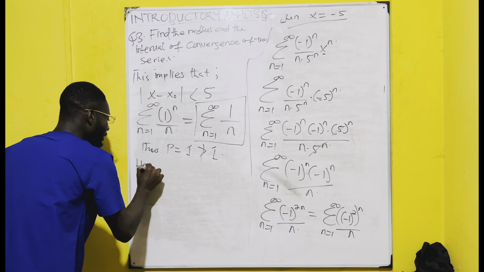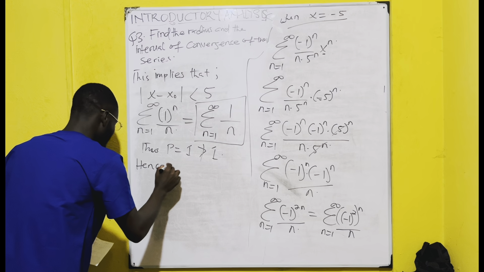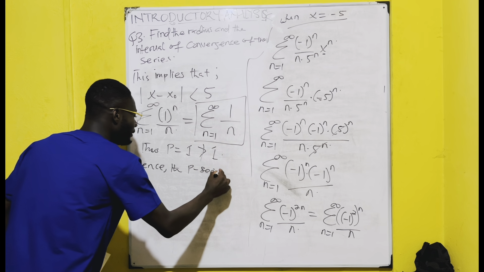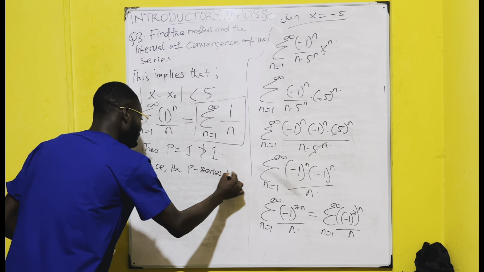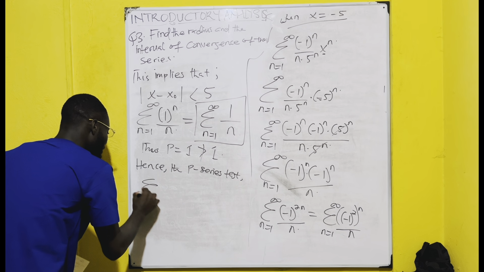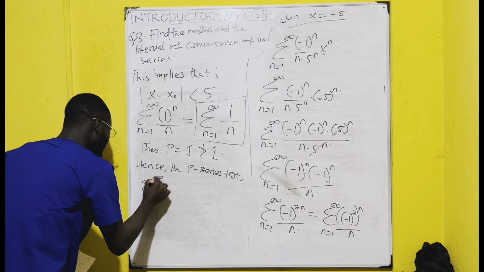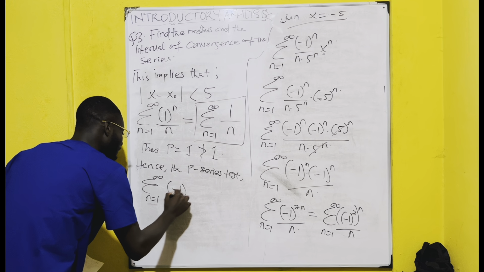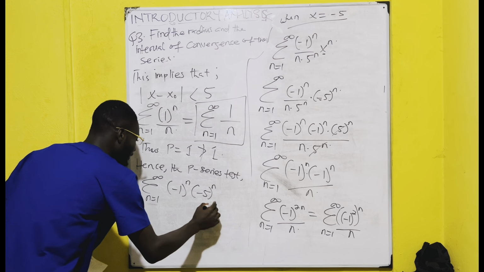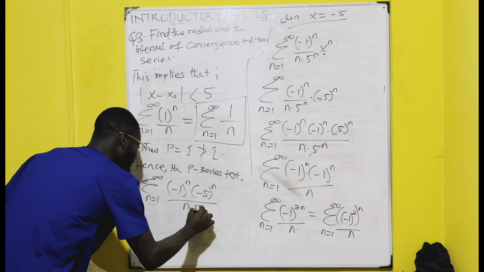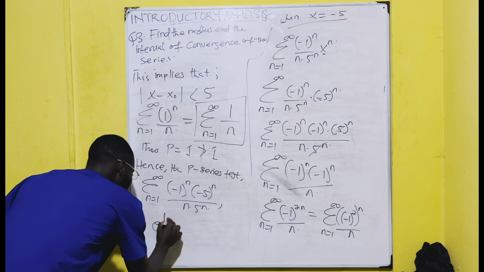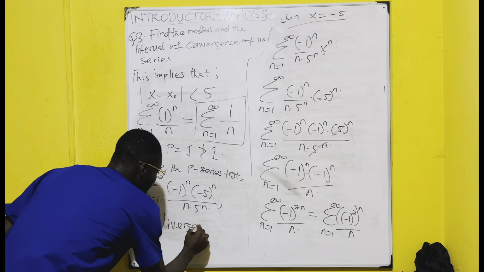Here we can say that hence by the P series test, summation from n equals 1 to infinity of -1 to the power n times -5 to the power n divided by n times 5 to the power n diverges, right? It diverges.